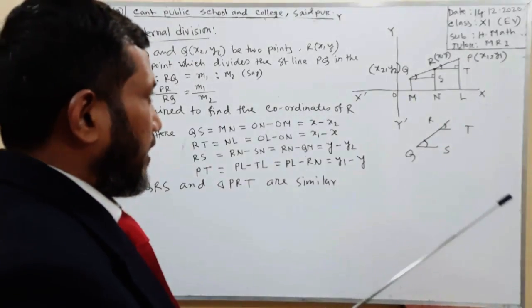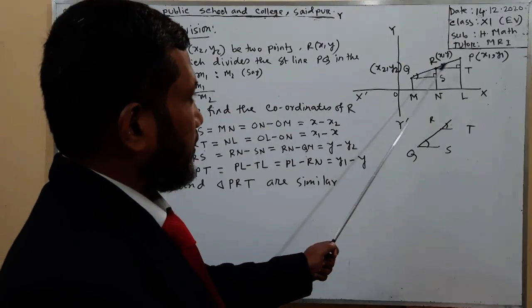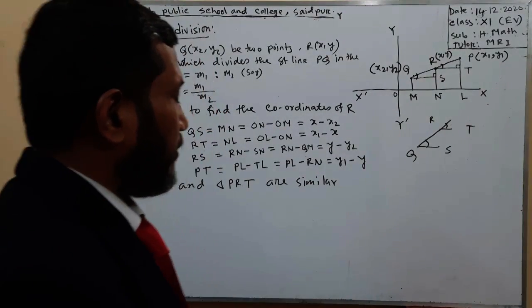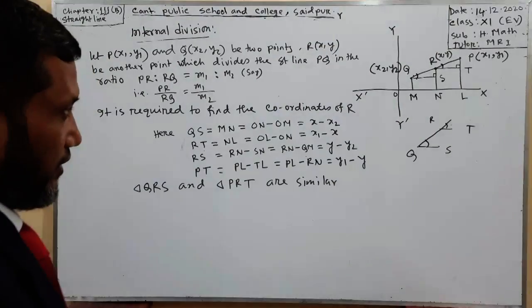So the remaining angles at R and P will be equal. So these two triangles are similar.